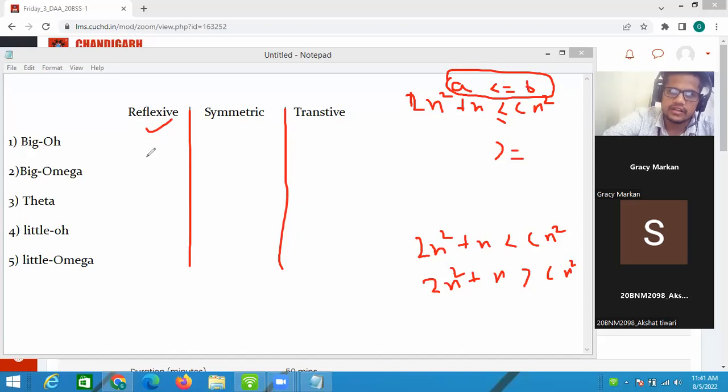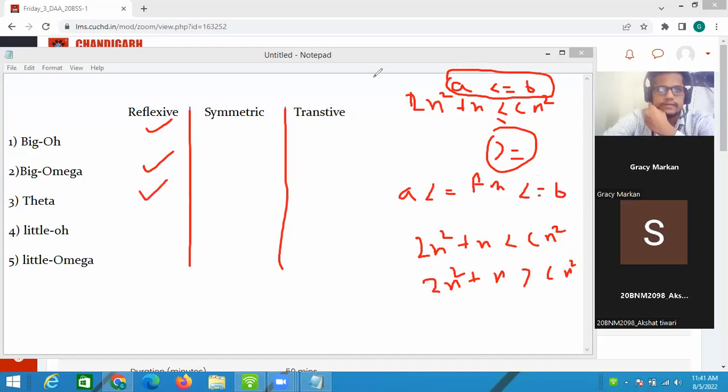For greater than, we can also say this is reflexive, greater than or equal to, again equals to. For theta, we have A less than or equal to f(n), and again less than or equal to B, again equals to, then this property is also satisfied. Clear? So in little o and little omega, the reflexive property does not hold, because equals to is not there. Clear?